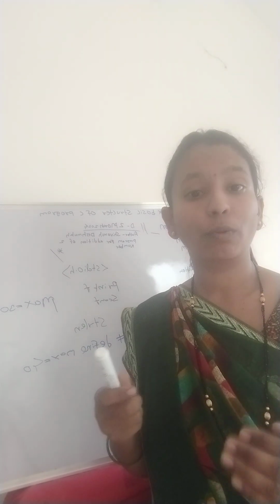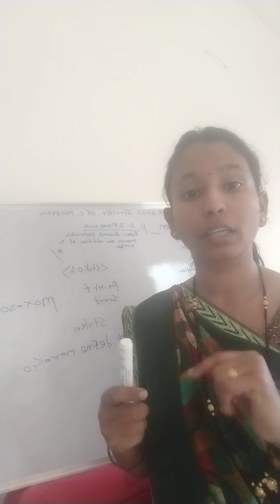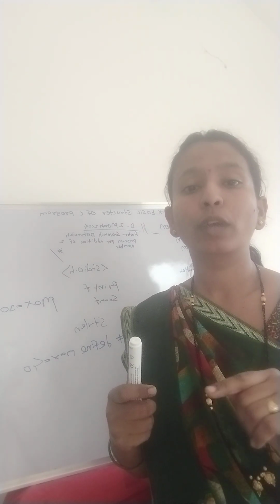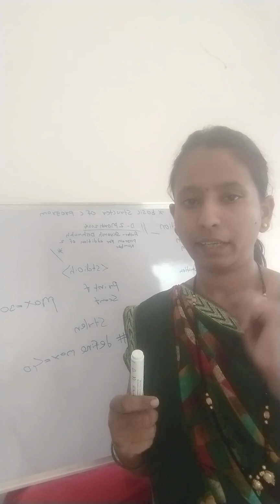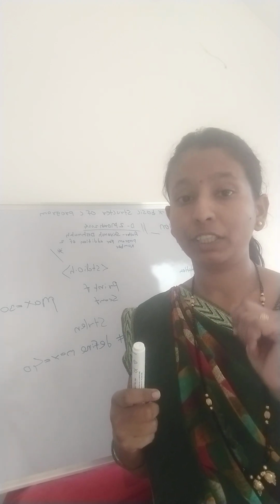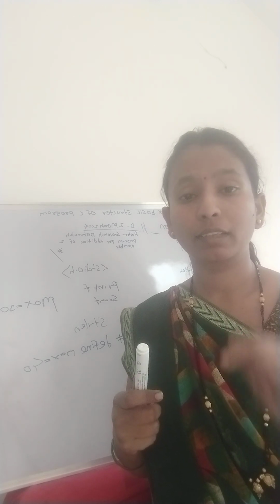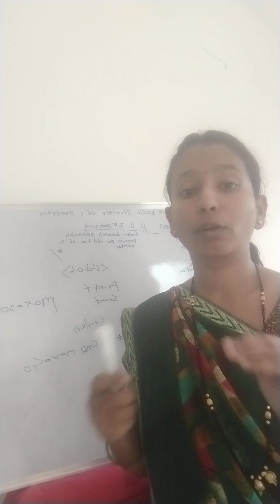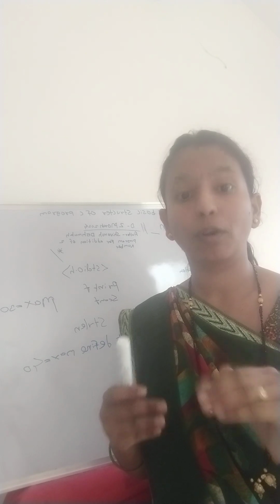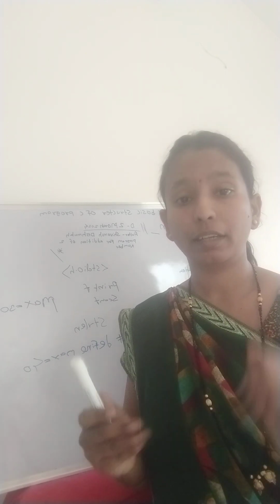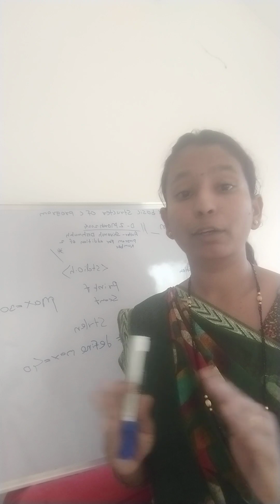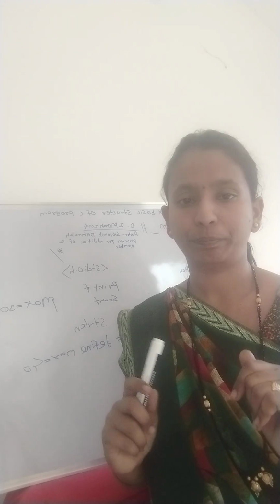So when we want to use those functions in our program, we have to include the related header files. When we try to use a predefined function without the header file, the compiler does not get the meaning of that function, and an error will occur because the compiler doesn't have its own brain.